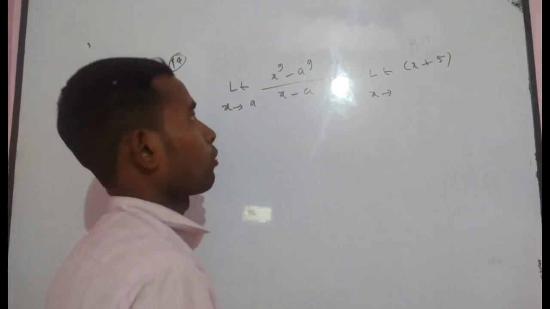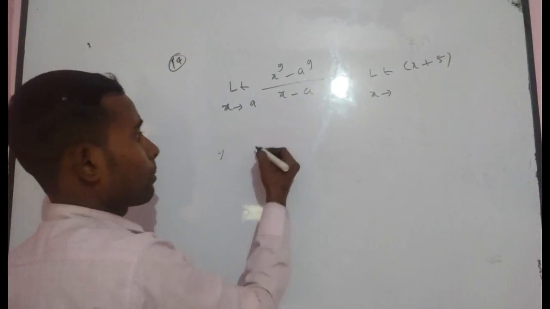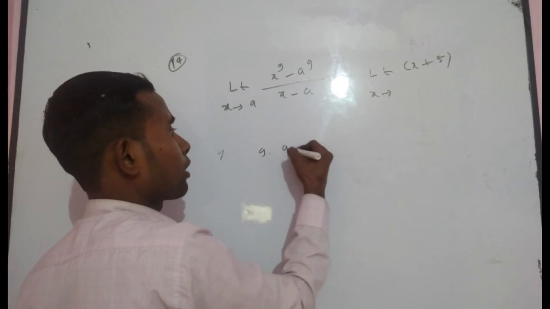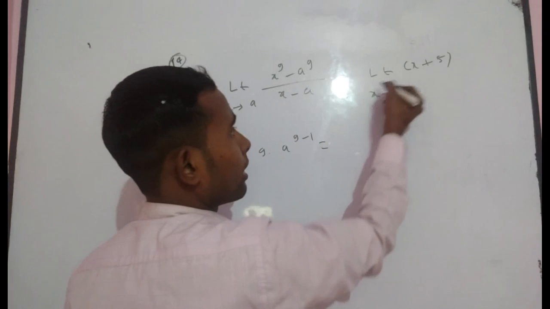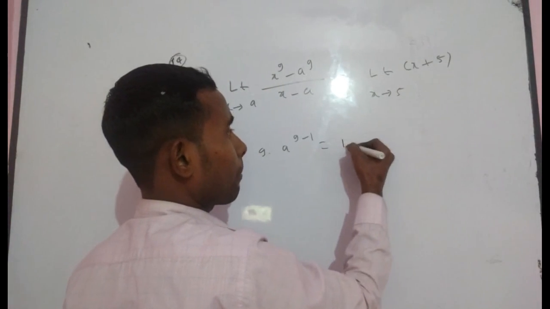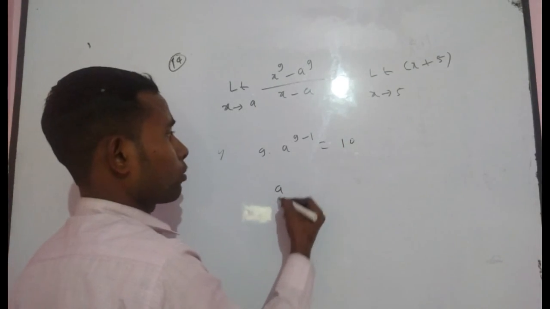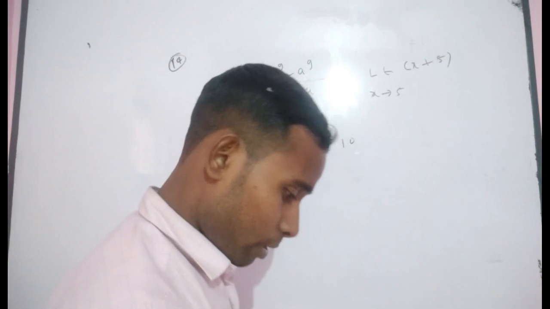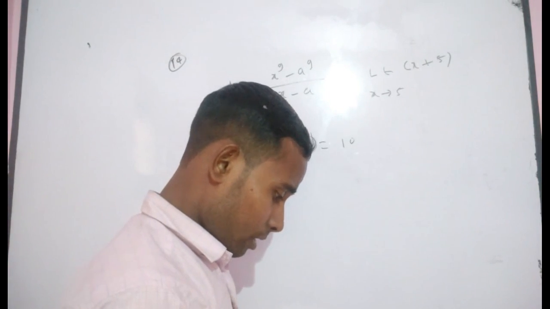Now you have to find the value of a. As you know that its value will be n into a to the power n minus 1 is equal to, if you put 5, you can find the value of this limit directly, 5 plus 5, 10. So a to the power, what is its value? Sorry, one minute wait. Find the value of a.